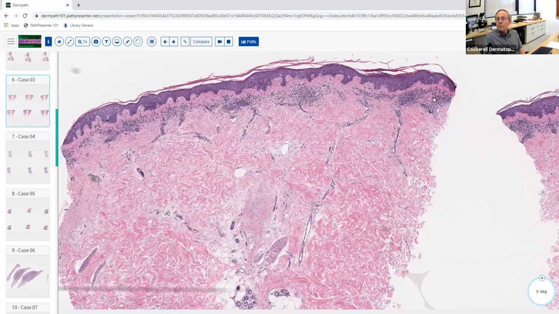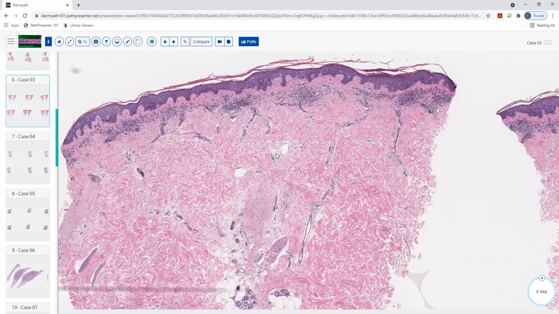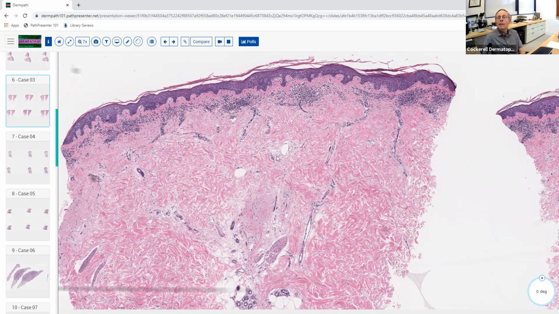So this is not lichenoid, right? Why is this not really lichenoid? A lot of people get sloppy and call it lichenoid, but lichenoid tends to be at the DEJ, and so it should also have an interface. Absolutely correct. It's one of the interface dermatitides, and it really should obscure the dermal-epidermal junction. Those lymphocytes really ought to be just hugging that epidermis. So it's not really lichenoid.